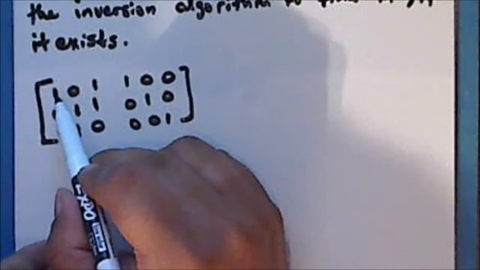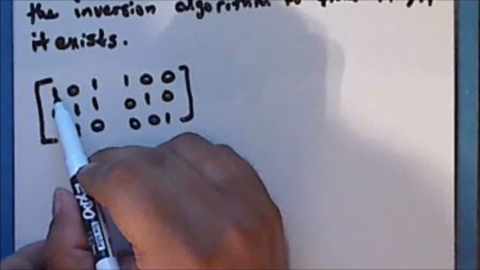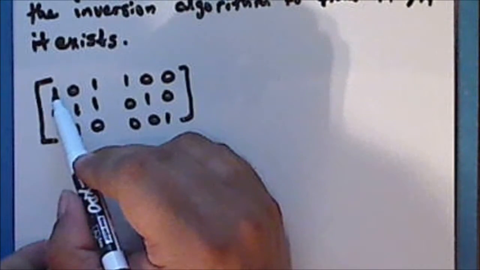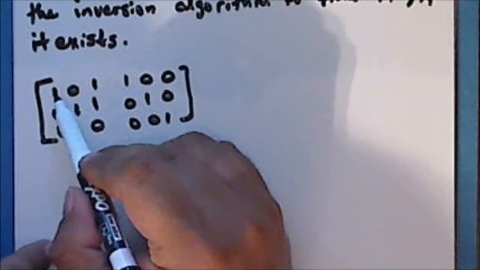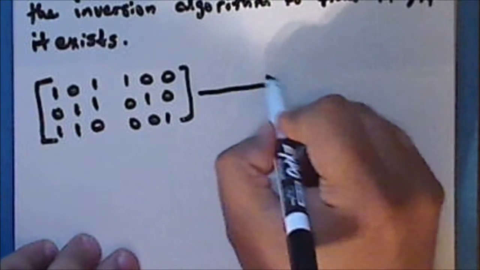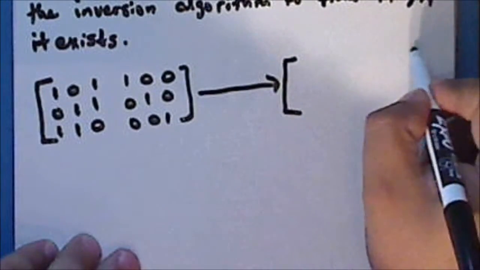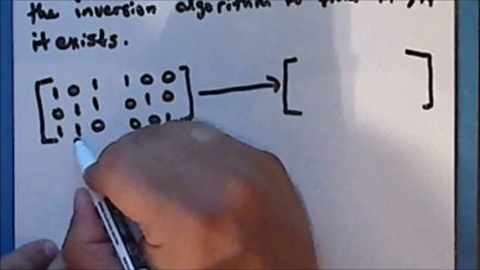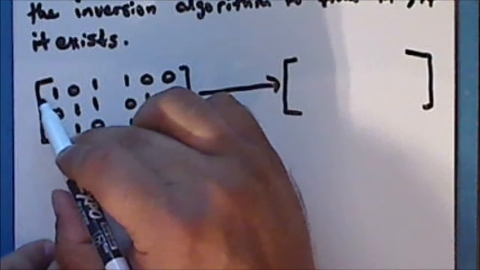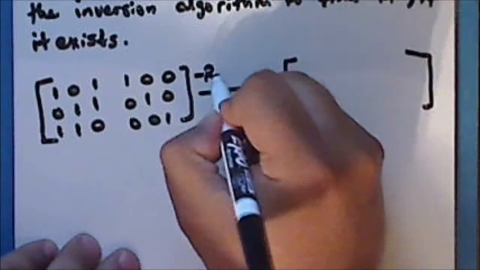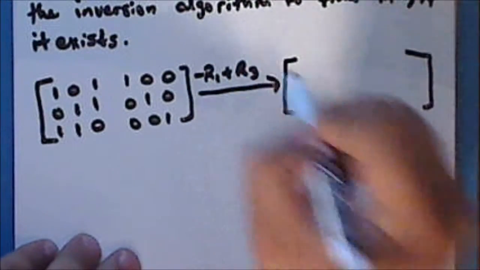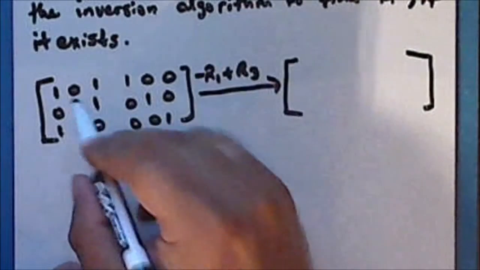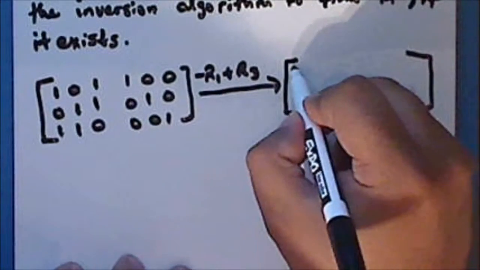Now in row 1 we have a leading 1, and so in that column we need to have zeros elsewhere. And so we will add to row 3 negative 1 times row 1. And so row 1 and row 2 remain unchanged.